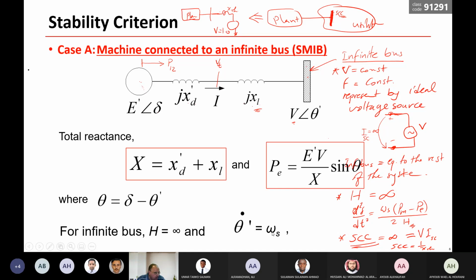So you have a constant speed here, as we proved with the swing equation. If H equals infinity, in this case the speed is constant. This is the synchronous speed, omega s.